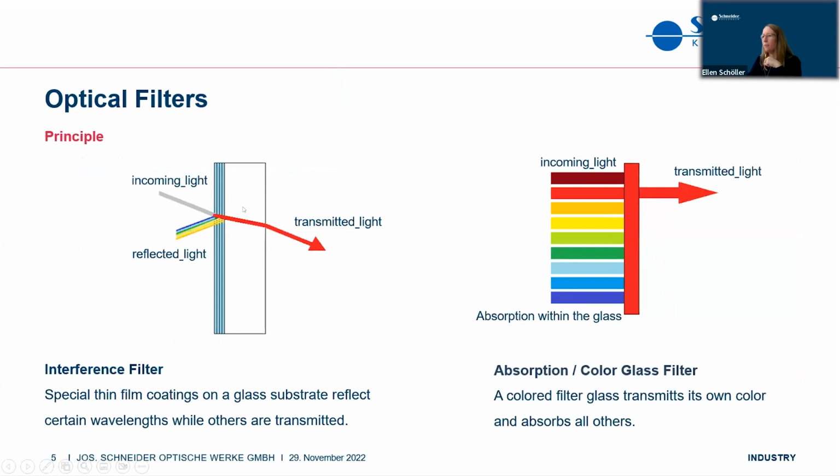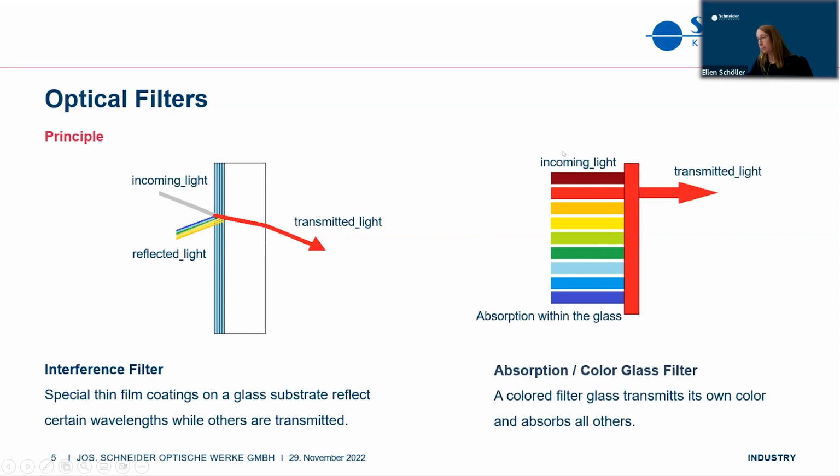When we have the incoming white light, so we have the glass here, and the glass for an interference filter is coated with thin film coats, thin film layers. And these layers let only one wavelength pass, and all the other wavelengths included in the white light are reflected.